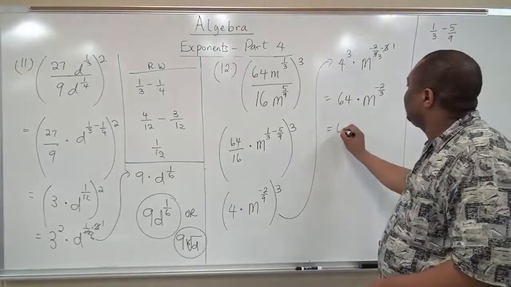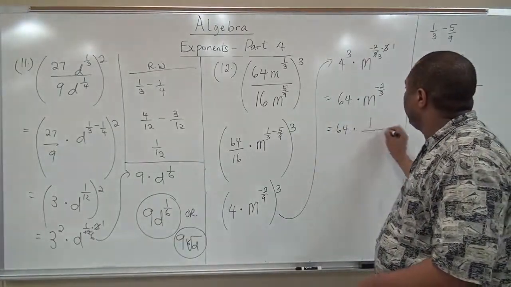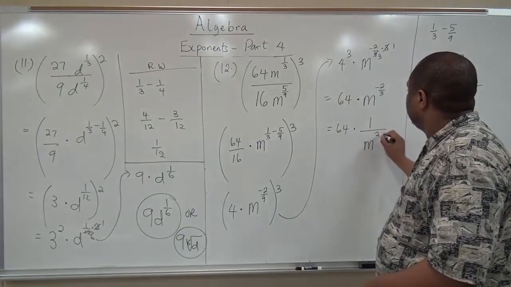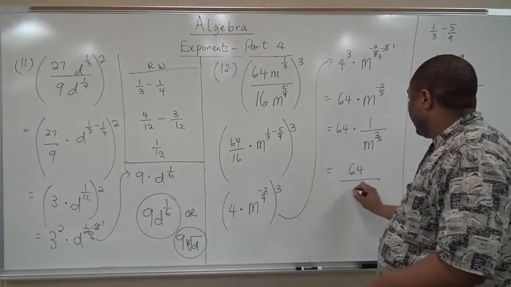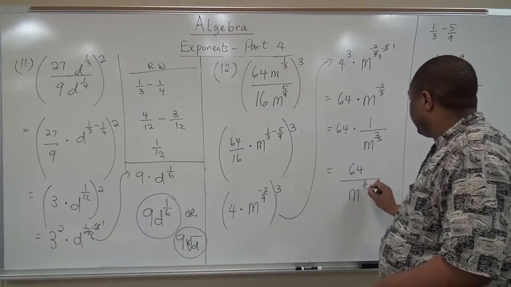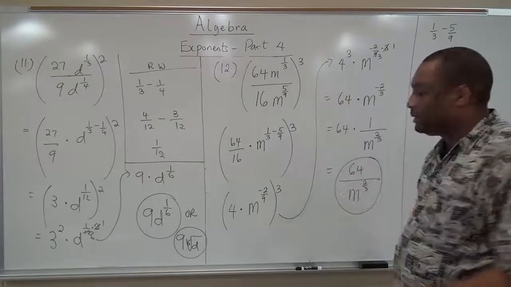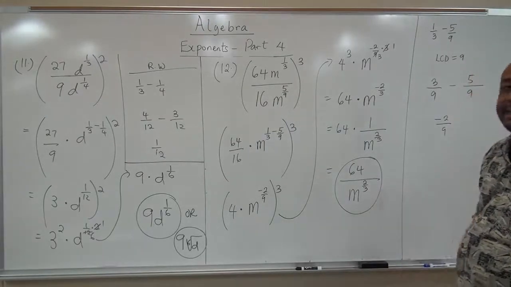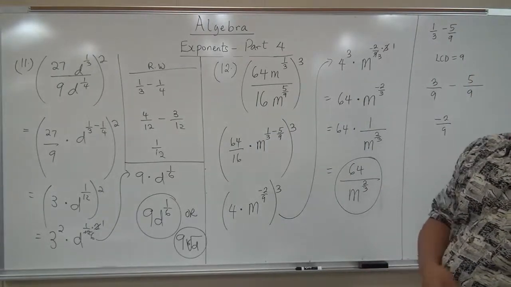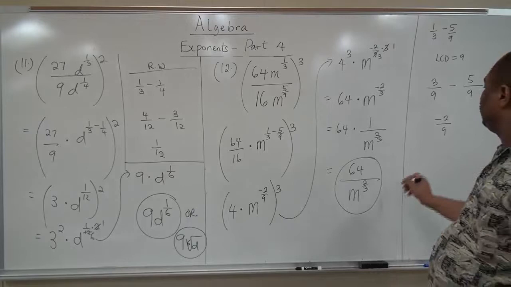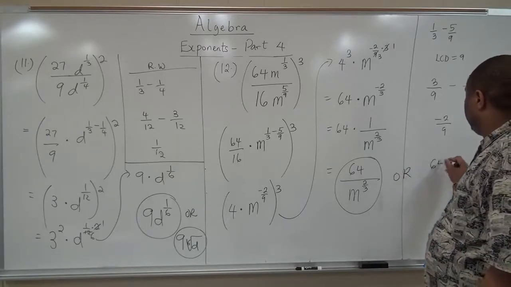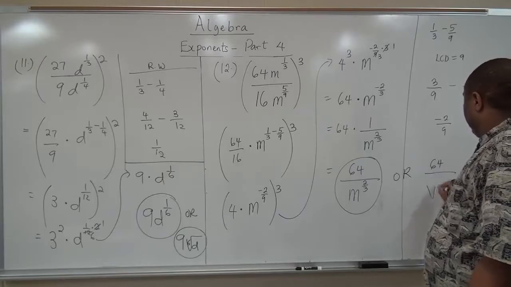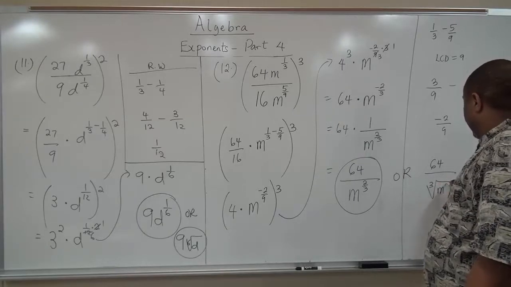So this is 64 times 1 over m to the 2 over 3. And this will be 64 over m to the 2 over 3. And this becomes your answer. In positive exponent, if they ask you to leave it in radical, then it will be 64 over cube root of m squared.